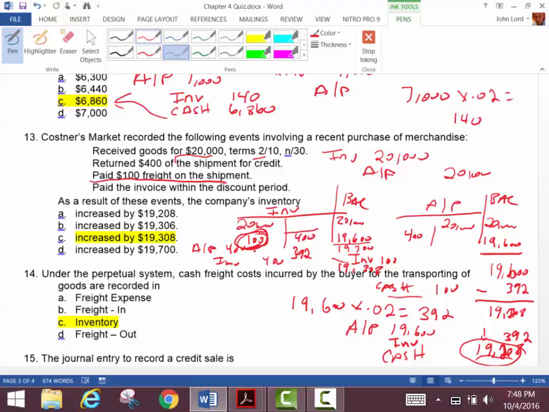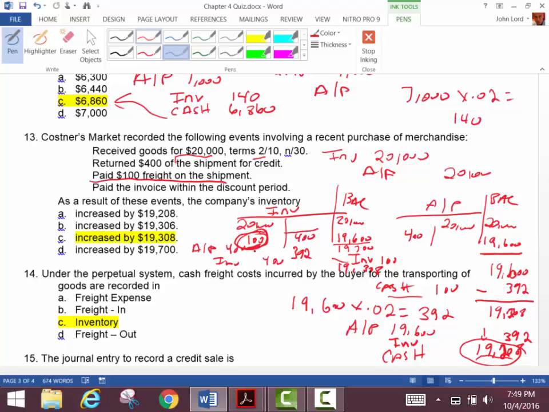I credit the cash for 19,208. And I have a difference here of 392. So I'm going to credit inventory for 392 because I didn't pay 19,600 for it. I only paid 19,208. So when I credit the inventory for 392, the balance comes down to 19,308, right?